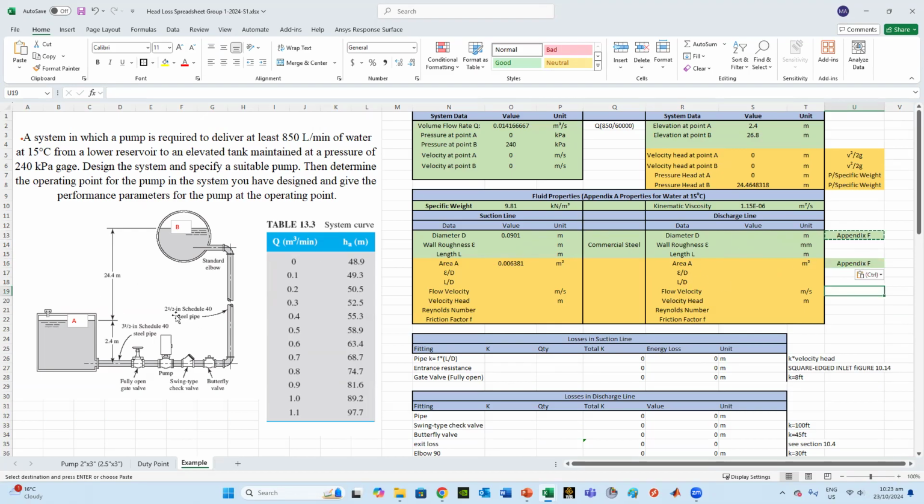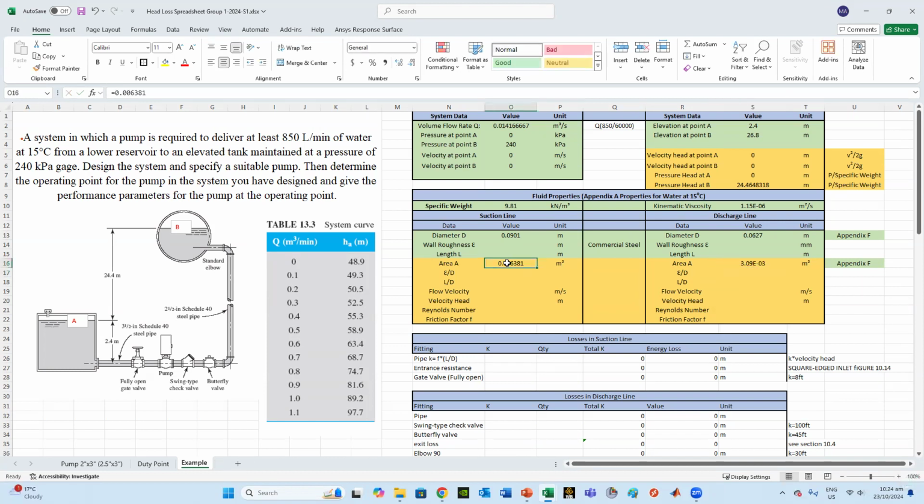So now I have the 2.5 inch, the internal diameter 62.7. So it will be equals 62.7 divided by 1000. And the area for that, based on what is given to me, is 3.09 E minus 3.